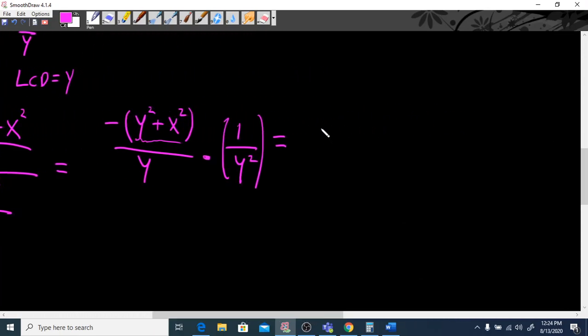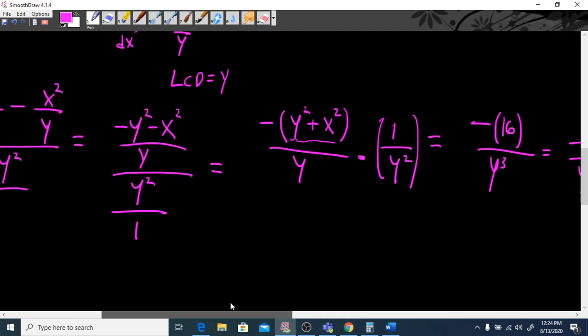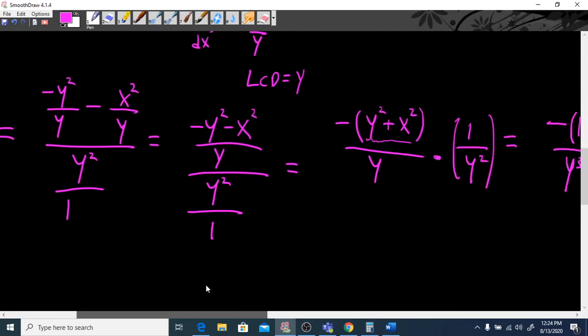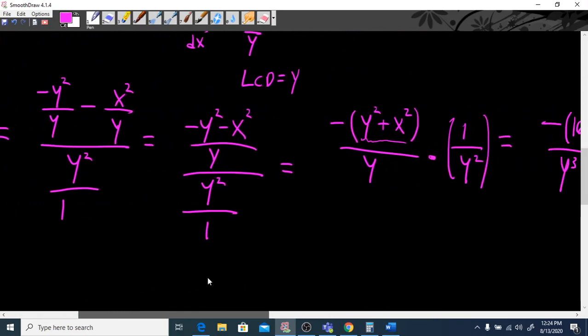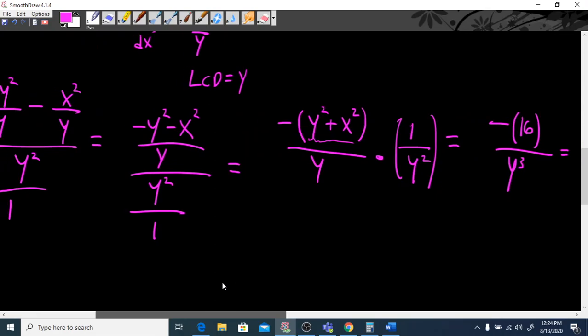So if I do that, I get negative, and then the negative of y squared plus x squared, which is negative 16. And then y times y squared is y cubed. So negative 16 over y cubed is going to be the second derivative of the circle, which is interesting. It's interesting that the second derivative only depends on the y value.